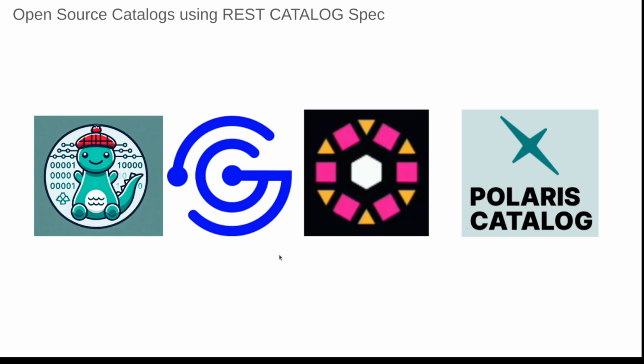There's Gravitino, Unity Catalog, and Polaris, which is now an incubating Apache project, Apache Polaris, which provides some very interesting features, like being able to have multiple catalogs within a catalog and being able to connect to other external catalogs, which is pretty cool.